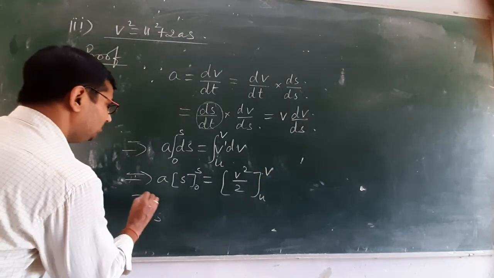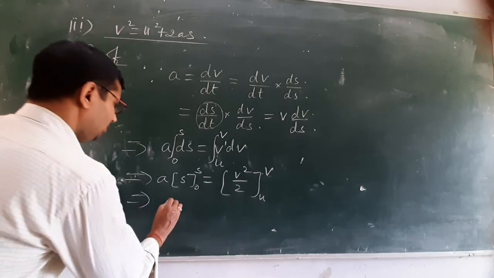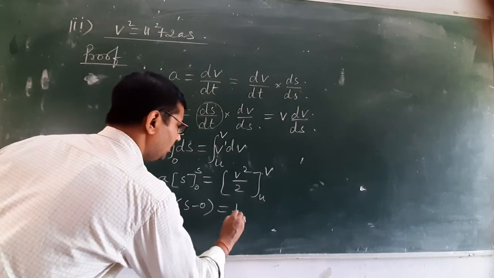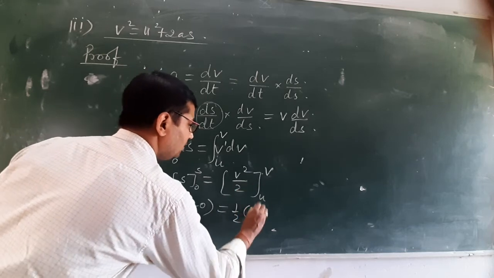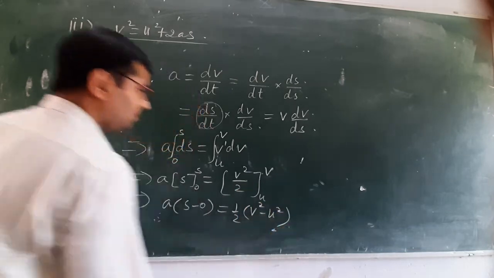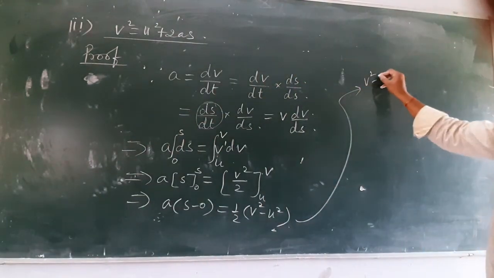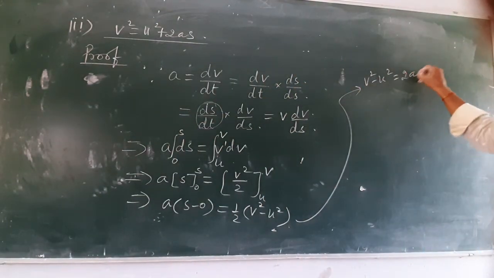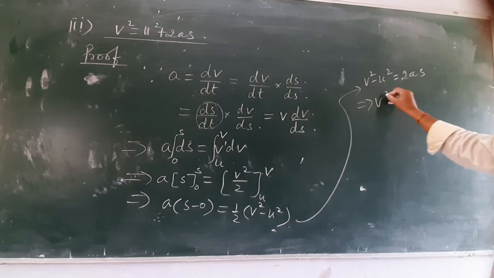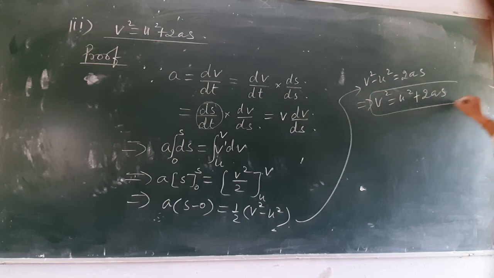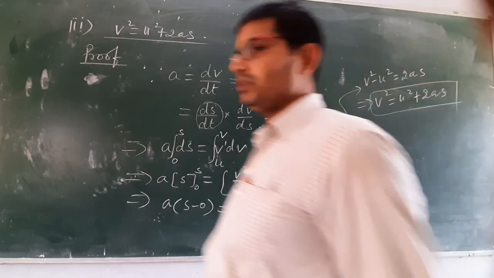So this will be a s minus 0 equal to 1 by 2 times v square minus u square. So this can be rewritten as v square minus u square is equal to 2as. So v square is equal to u square plus 2as. This is the third equation of motion. That's all.